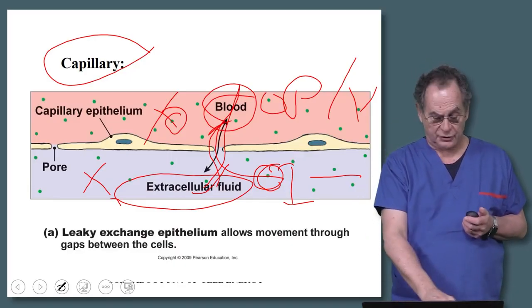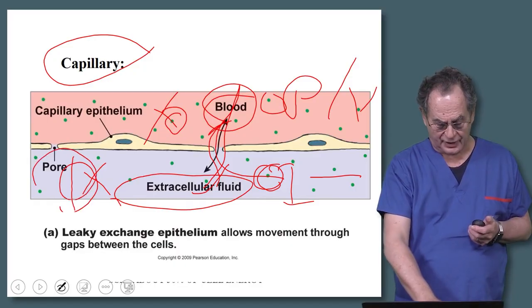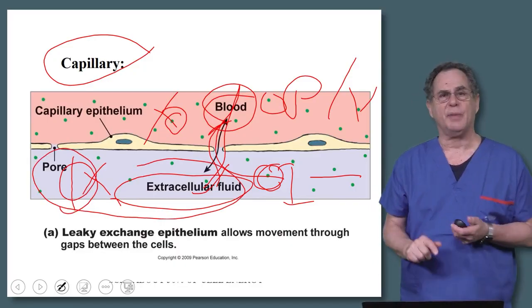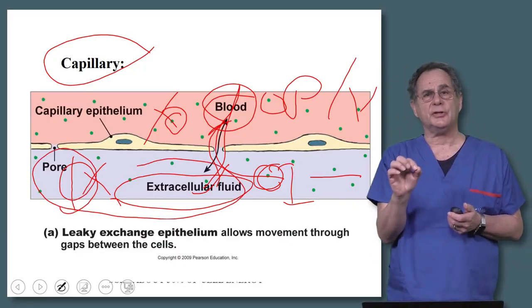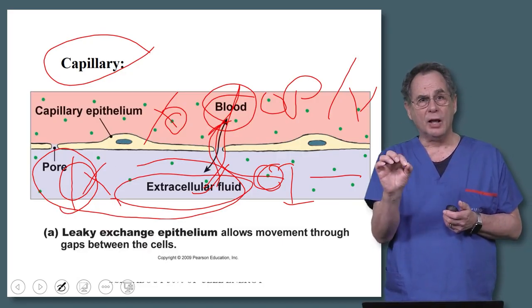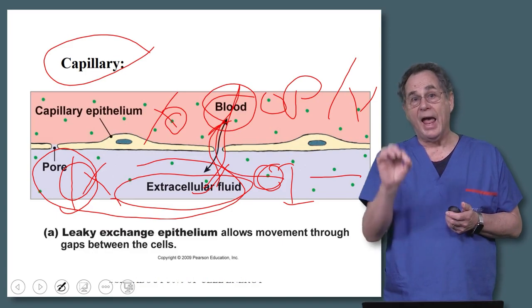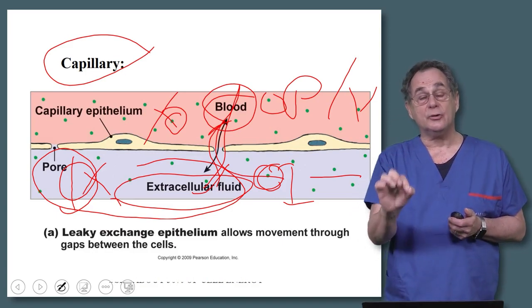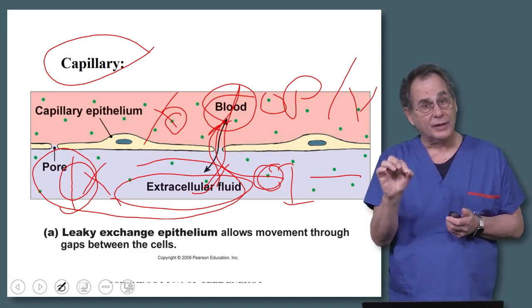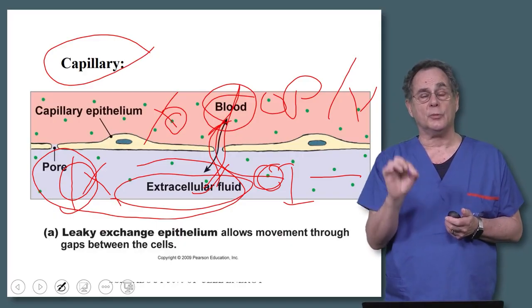There's new data that suggests there's a lot more complexity within this interstitial space, but practically speaking, the osmolality is the same in the plasma or vascular compartment as the interstitial compartment, and for practical purposes, the sodium concentration is the same.